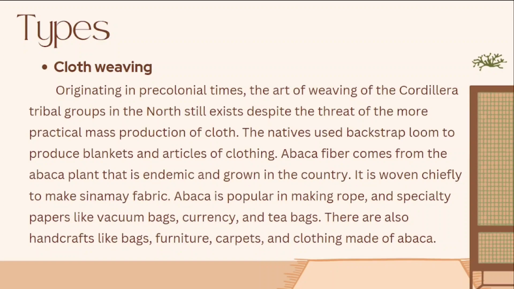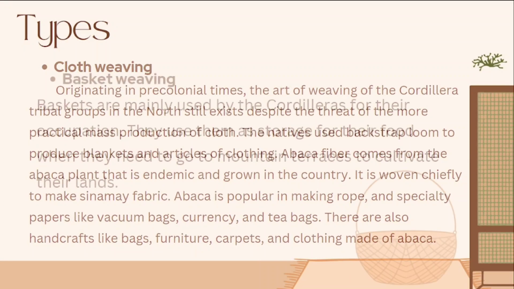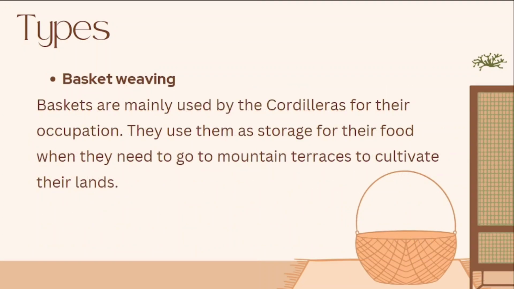There are also handcrafts like bags, furniture, carpet, and clothing made of abaca. The next one is basket weaving. Baskets are mainly used by the Cordilleras for their occupation. They use them as storage for their food when they need to go to the mountain terraces to cultivate their land.